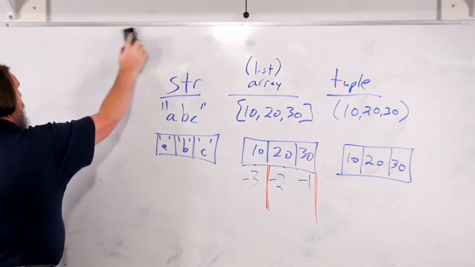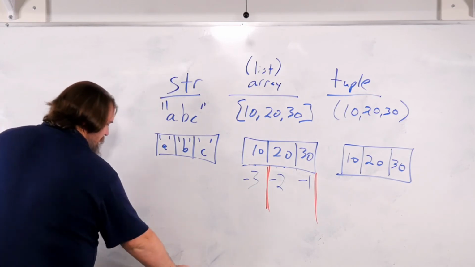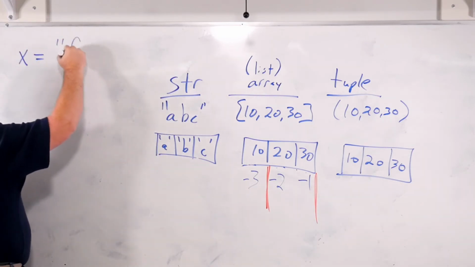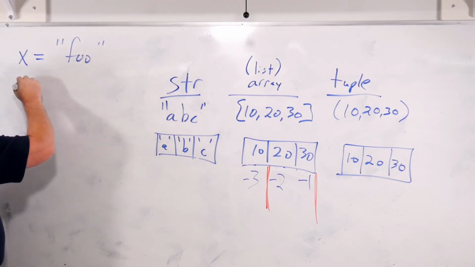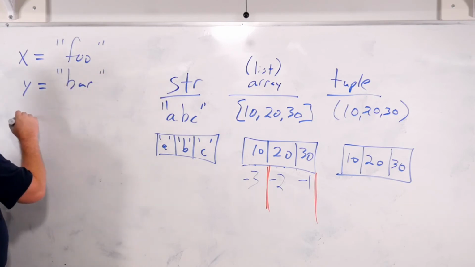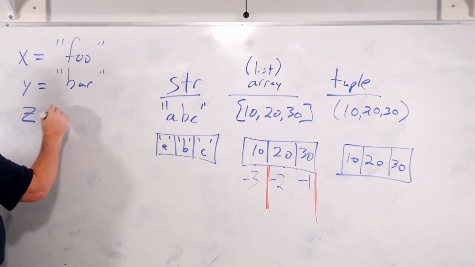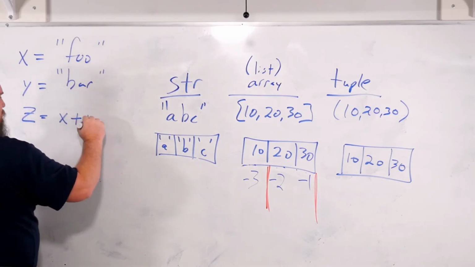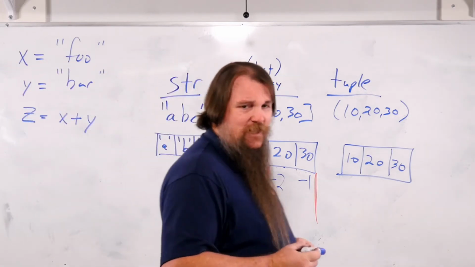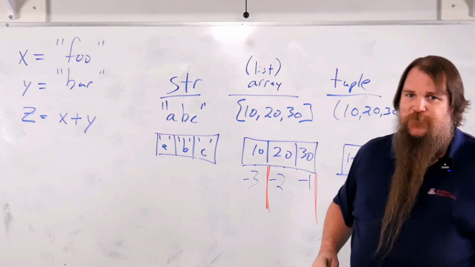Concatenation goes the other way around. Let's take a couple of strings. x equals foo, y equals bar, z equals x plus y. I told you that I would tell you what the plus operator means when you've got a string involved.